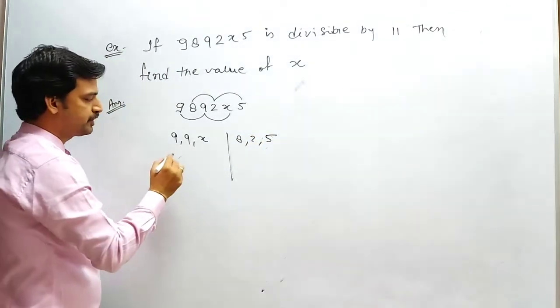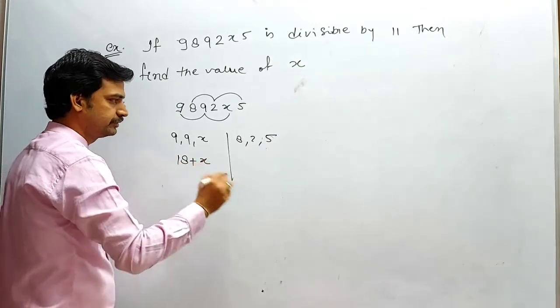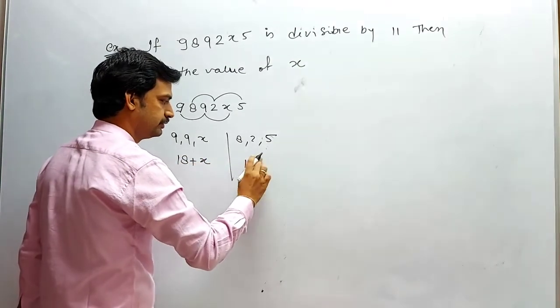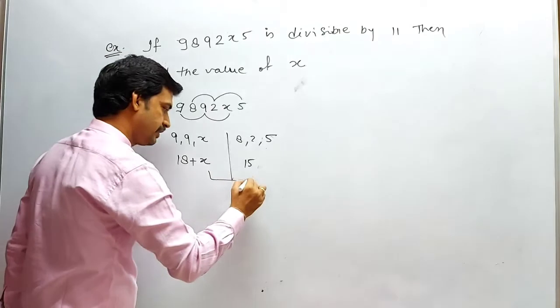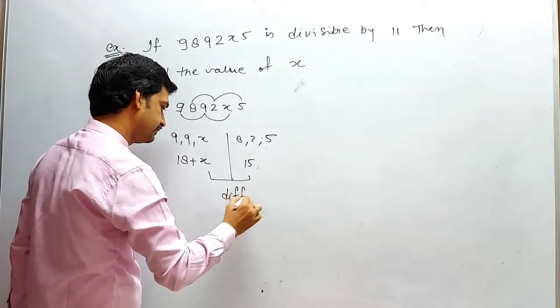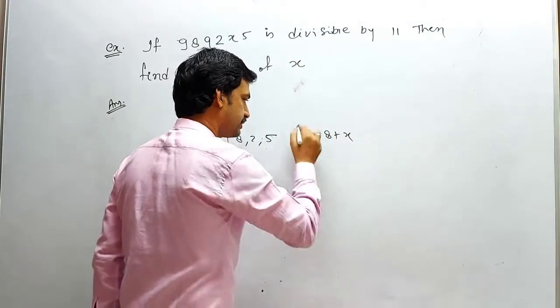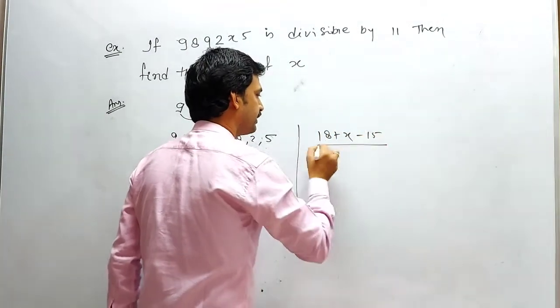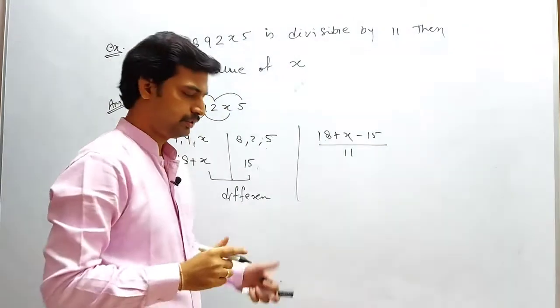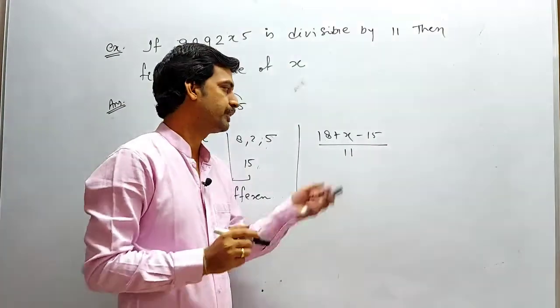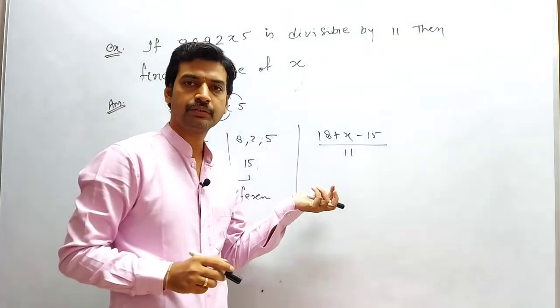Right? The sum is 18 plus x, and this is 15. Difference, according to the rule, we are taking the difference. The difference is 18 plus x minus 15 divided by 11, because the rule of 11 says that the difference should be divisible by 11 or the difference should be equal to 0.